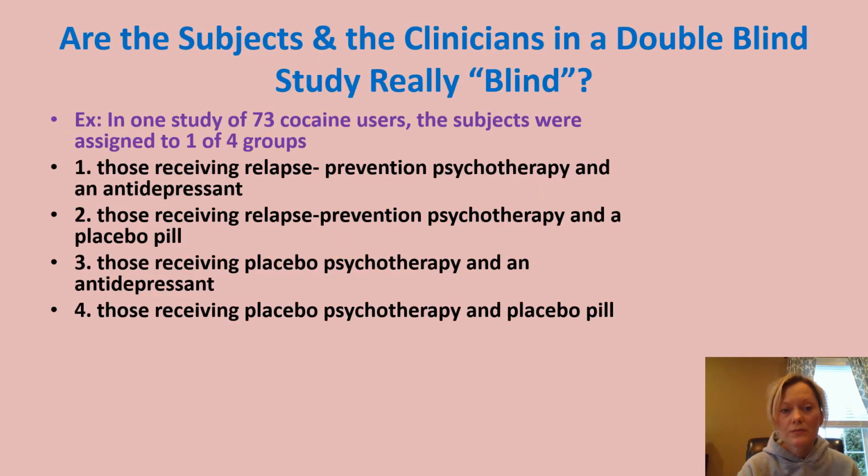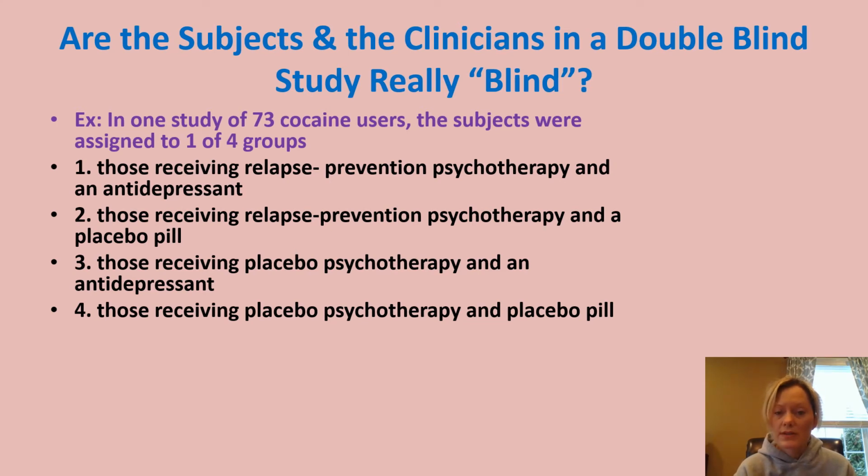One way that this can be kind of faulty, though, is: are they really double-blinded? In a study done with 73 cocaine users, the subjects were assigned to one of four groups. One received a prevention psychotherapy, and they got the antidepressant medication.